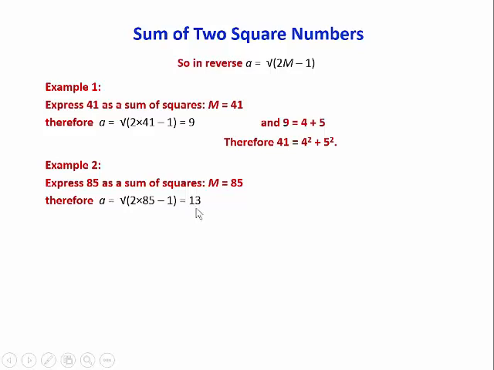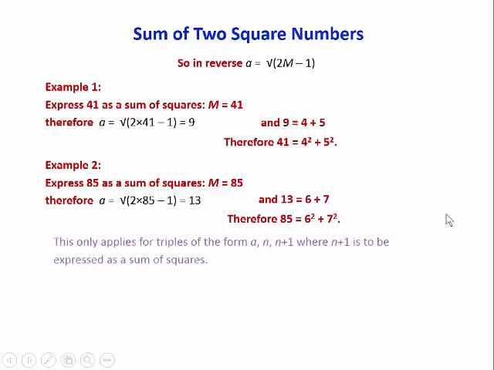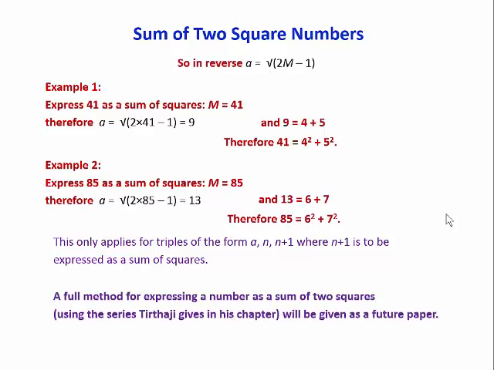We then express 13 as the sum of two squares like we did before up here. 13 is 6 plus 7, so therefore 85 is 6 squared plus 7 squared. Well, this is very nice, but it only applies for triples of a certain type, and a full method for expressing a number as the sum of two squares we'll be giving in a future paper.